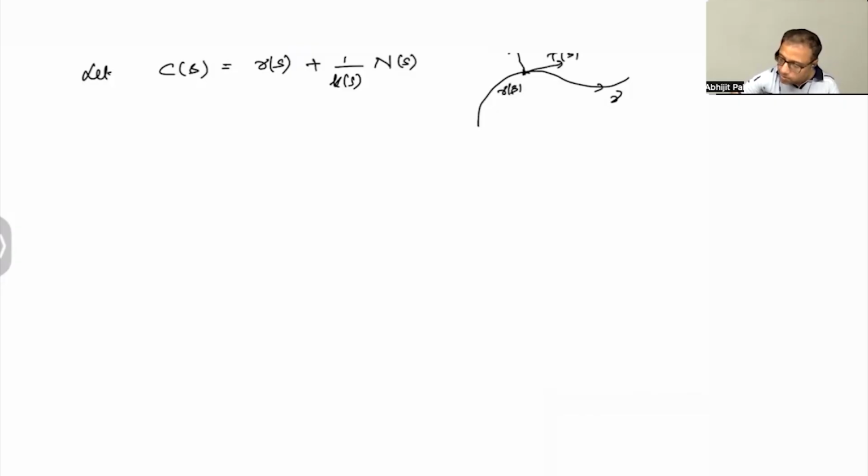And what is this cs point? You take the line passing through this normal vector at gamma s. So cs will be a point somewhere here. And now you take a circle with center cs and radius 1 by mod ks.